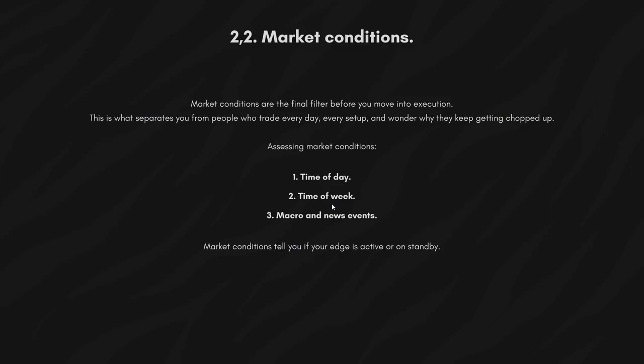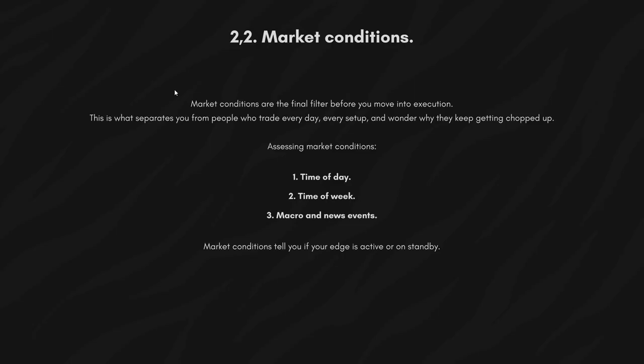For example, let's say we've already had our range expansion at the start of the week and the middle of the week, and now on Friday you have a good directional bias in a proper market context.